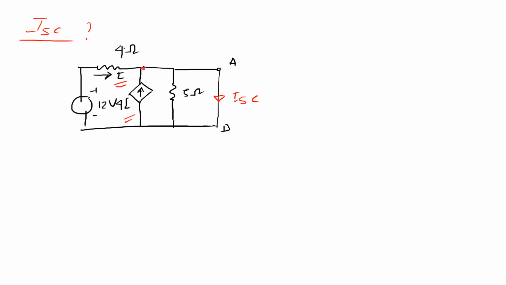If you apply the KCL in this junction, current entering the node is equal to current leaving the node, that is I plus 4I, that is equal to 5I. And already we calculated that I is equal to 0.414 ampere. So 5 into 0.414 is equal to 2.07 ampere.